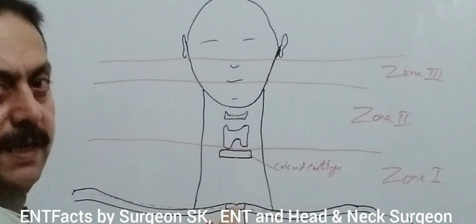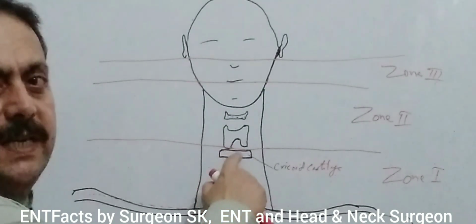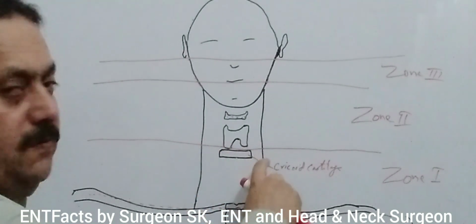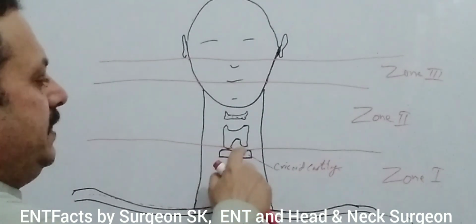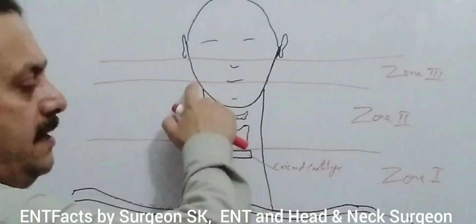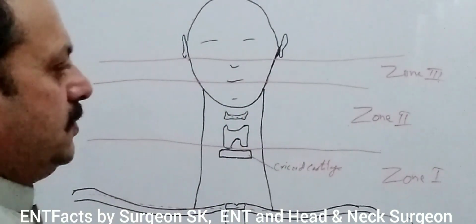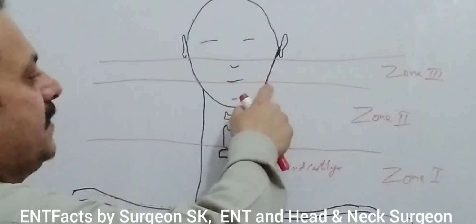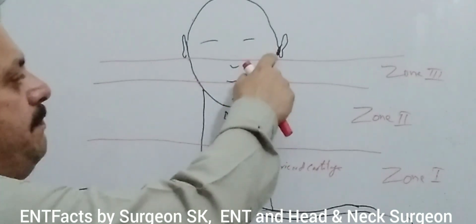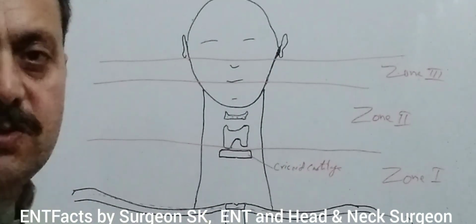The area between the clavicles and the upper border of the cricoid cartilage is called zone 1 of the neck. The area between the cricoid cartilage and the line crossing the angles of the mandible is called zone 2, while the area above the angles of the mandible up to the base of the skull is called zone 3.